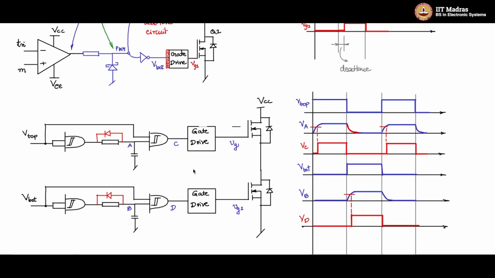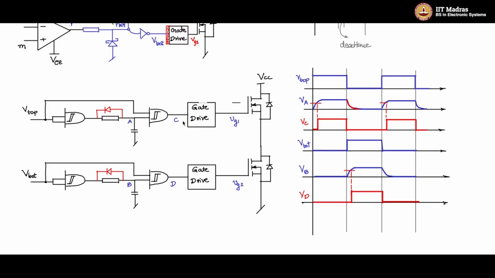VC and VD will flow through the gate drive, get enhanced in current, there will be a current amplification, and appear as VG1 and VG2 with similar wave shapes. So this way you need to see that you have some kind of a dead time generation circuit for any gate drive which has this kind of a top bottom bridge arm in any application.